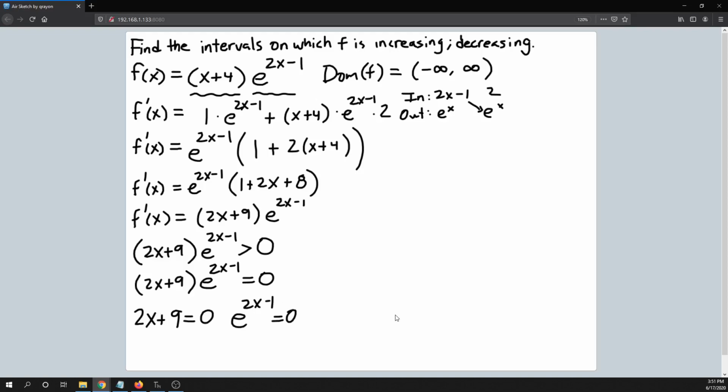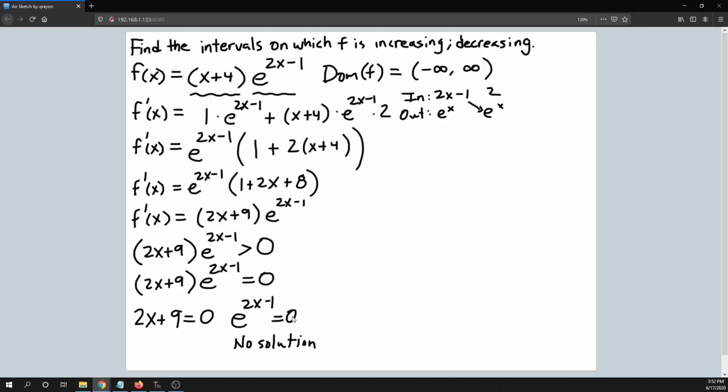And now solve those. This equation here, e to the 2x minus 1 equals 0, has no solution. The reason why it has no solution is that if you plug any number into the e to the x function, you will get a positive number.